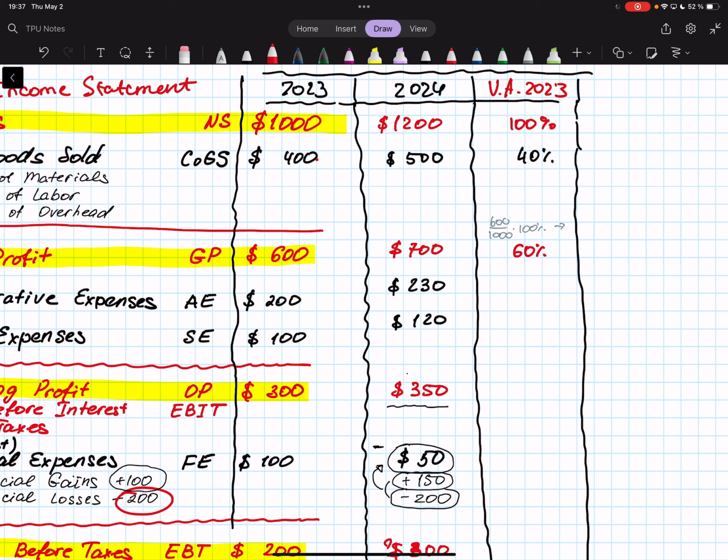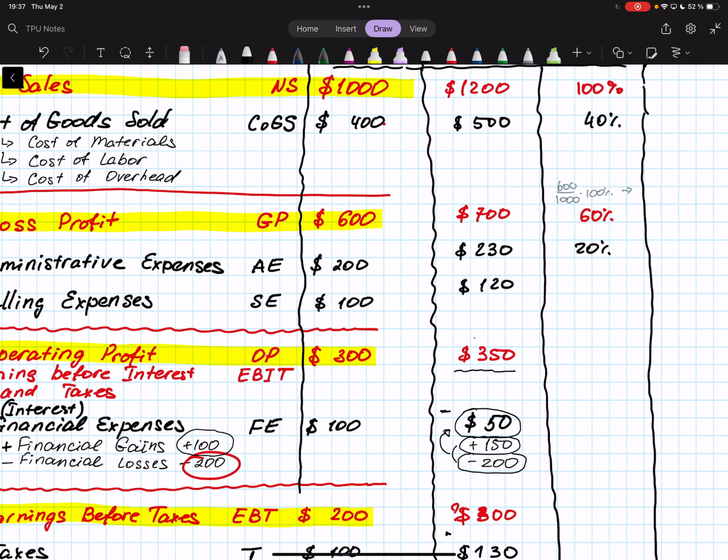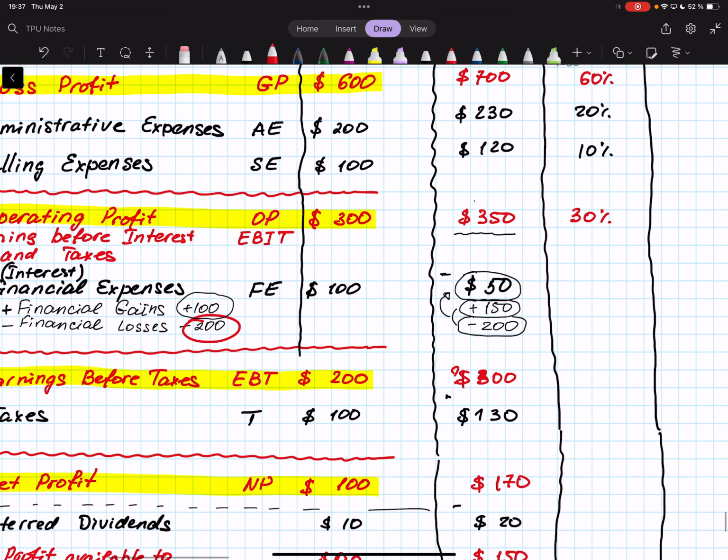What do I take? 20%. Yeah, 200 divided by 1000. 20%. What about selling expenses? 10%. What about operating profit? 30%.